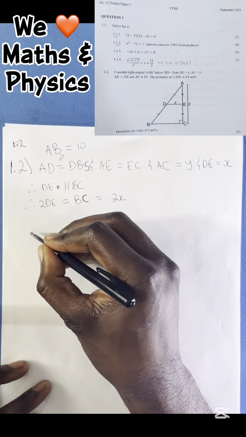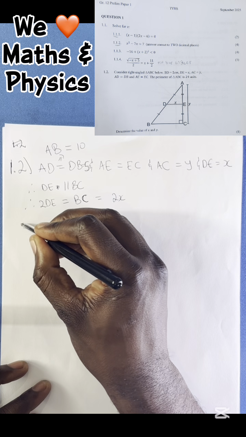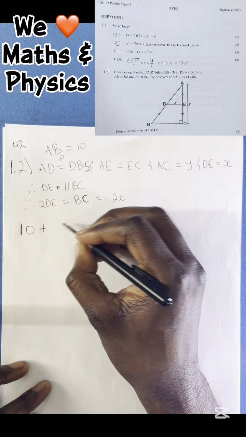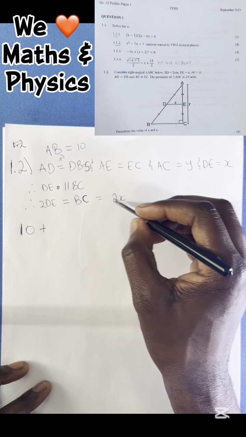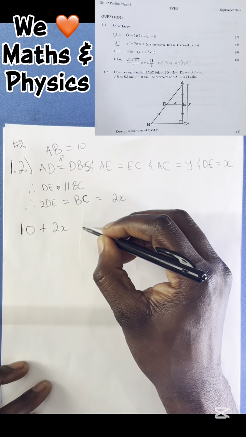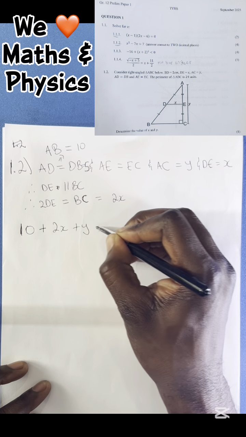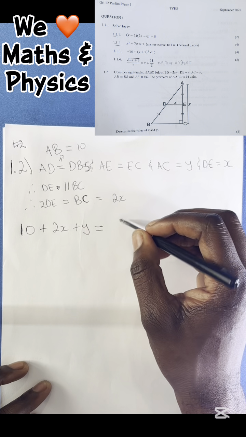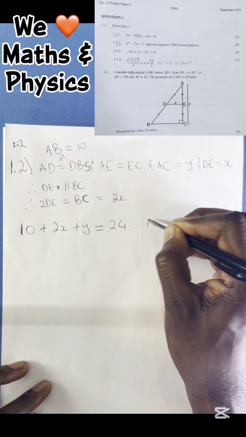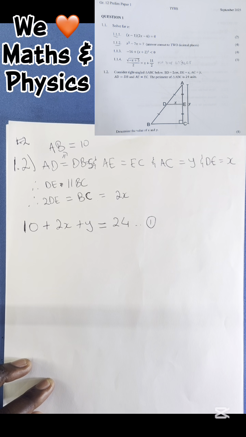So we can use the perimeter to set up the first equation: 10 plus BC, which is 2x, plus y equal to 24. That's equation 1. You guys happy with that?